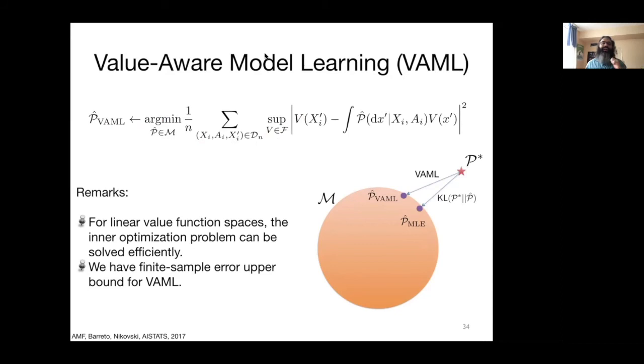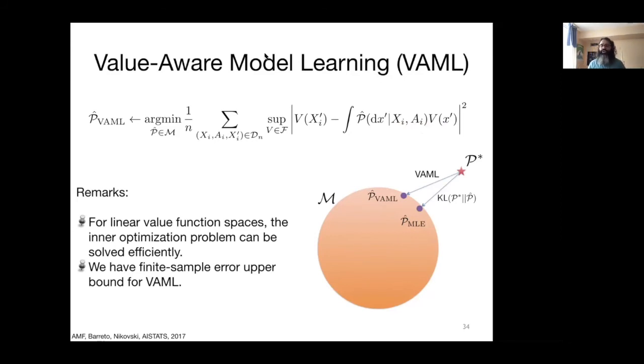So this is one sample from the true model, X prime. And then this is the expectation according to the model P hat, so the expectation over X prime when we start from state Xi and choose action Ai. So this is the idea of the loss function for VAML.